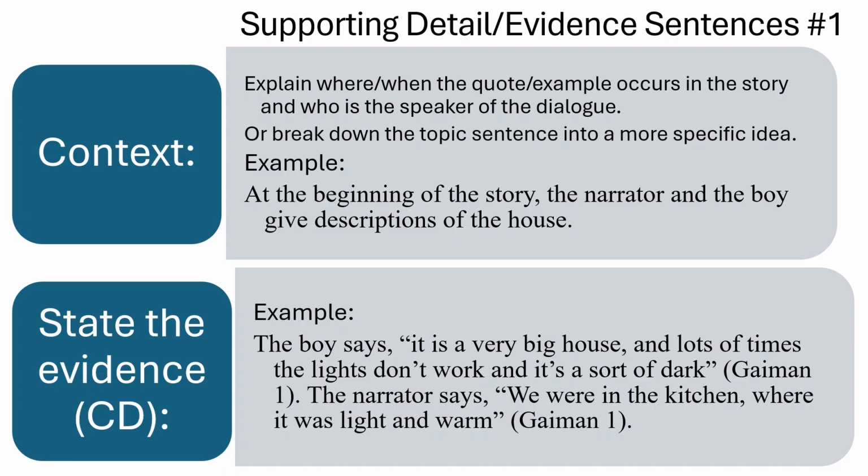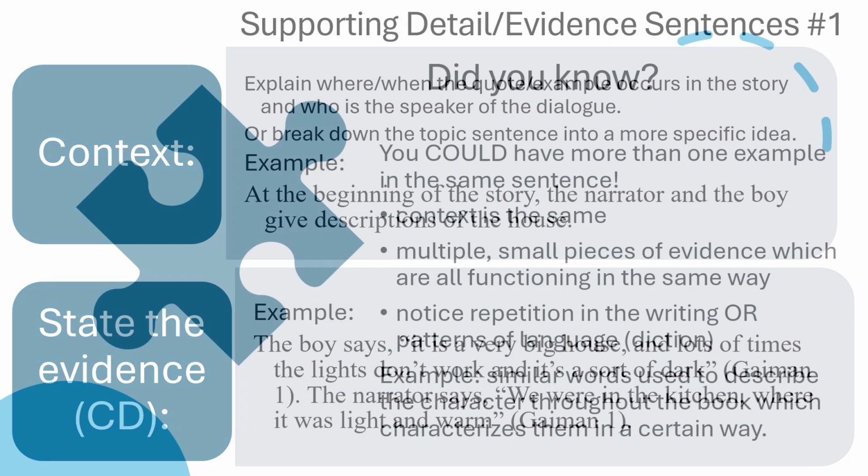Then it goes into the second quotation, which says the narrator says we were in the kitchen where it was light and warm. While writing like this may be a bit too wordy and not very fluid, it does show the ability to consider context and help the reader understand where you're going. Again, this is kind of a beginning writer. Some of you may be at this stage, but don't worry. In the next slides, I'll show you how to elevate this and sound more like a sophisticated writer.